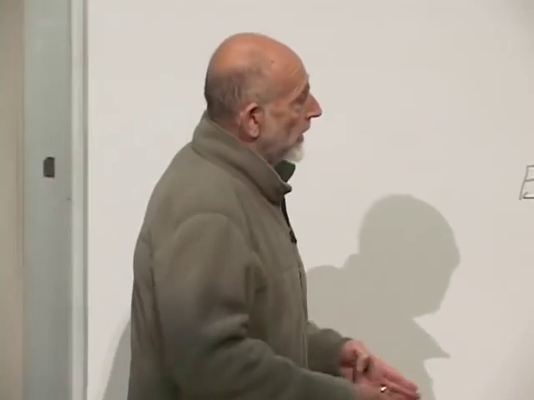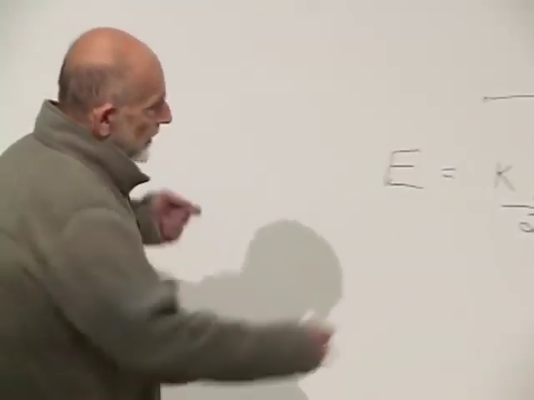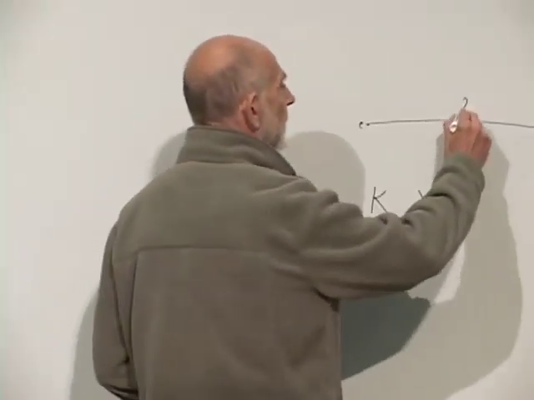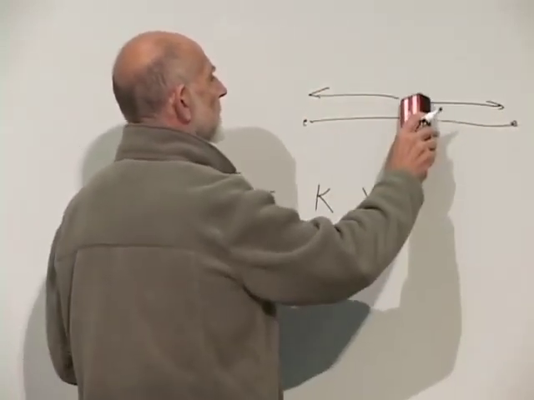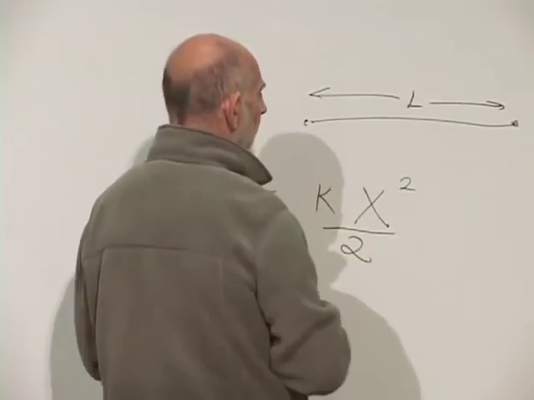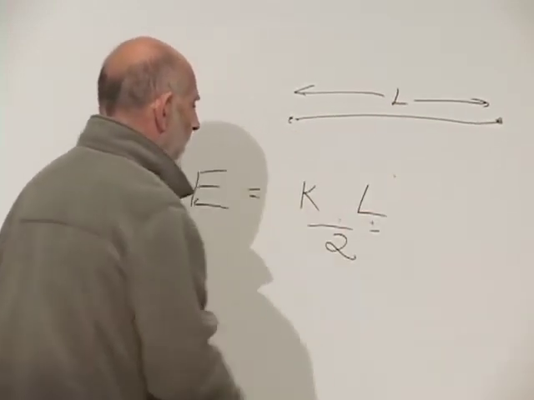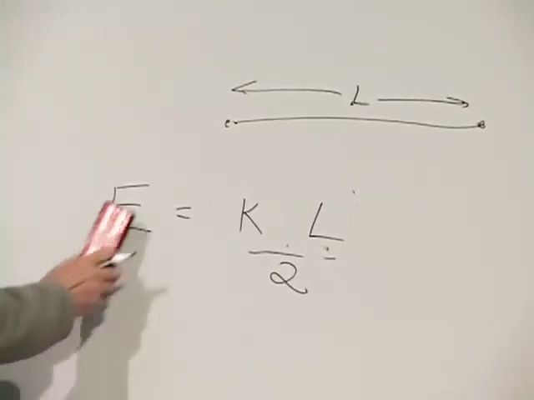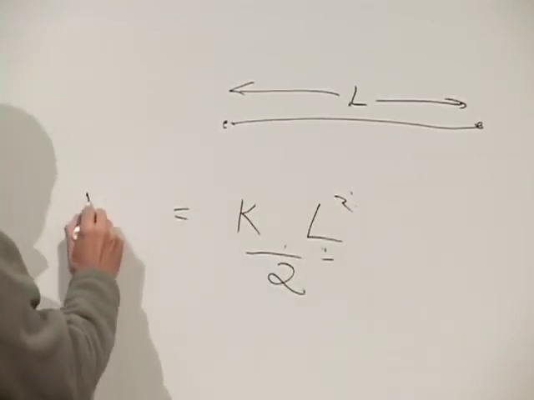So let's keep that in mind. We're looking at a string that's going down the z-axis like this. It's been stretched to a distance L. This becomes L squared. And we've identified the energy with the square of the mass, L squared.